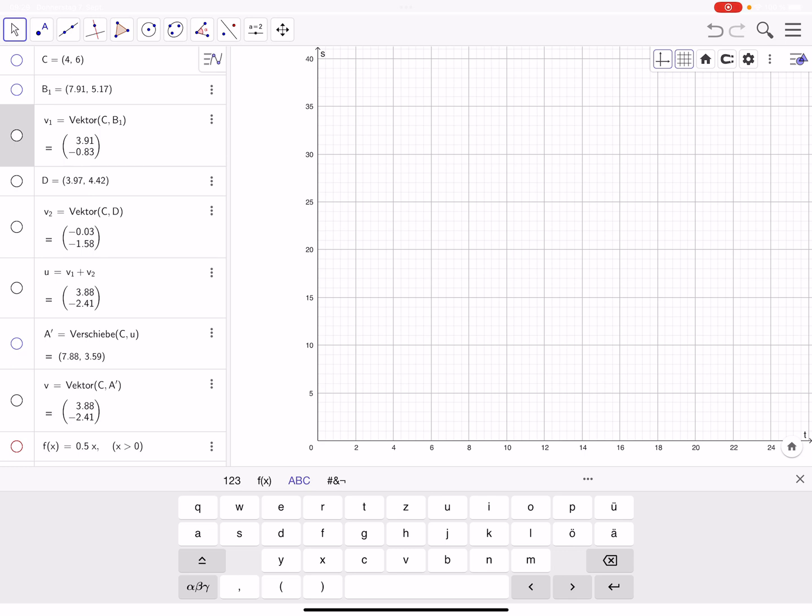So there is a connection here between the vector analysis and calculating with vectors, analysis, and physical modeling, so to say.